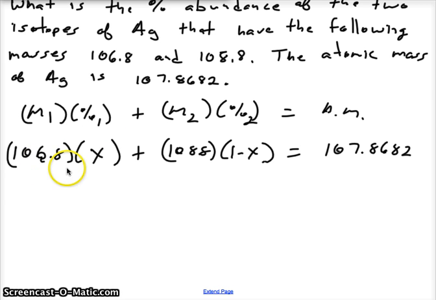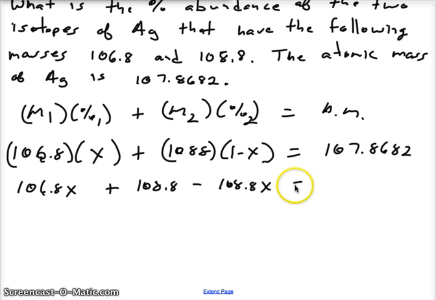So now you're just going to do your algebraic solutions here. 106.8 times x is 106.8x. 108.8 times 1 is 108.8. And then 108.8 times x, minus 108.8x, equals 107.8682.